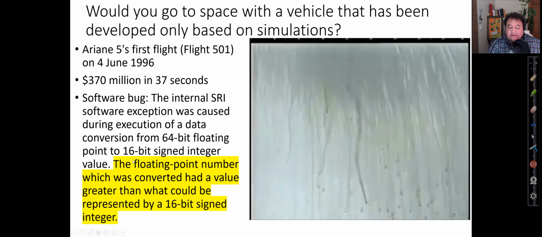So the library was understood to be very robust, except that the input was now built in some new way from 64-bit floating point numbers that were fed into those 16-bit signed integers.